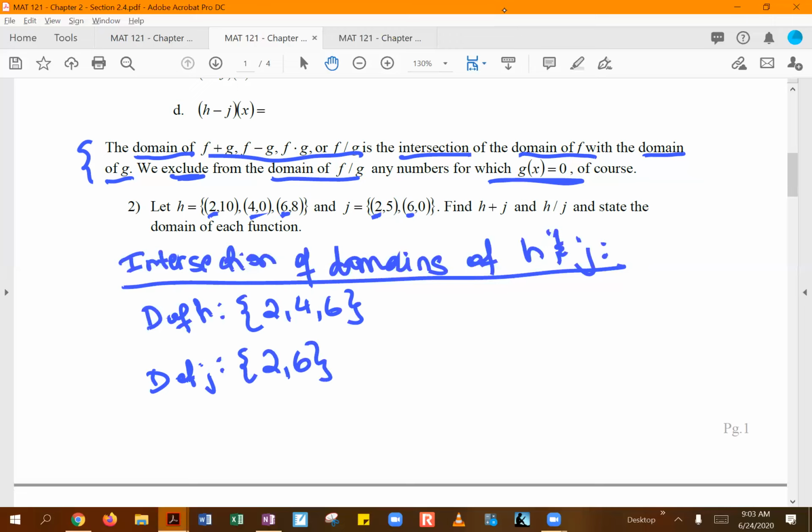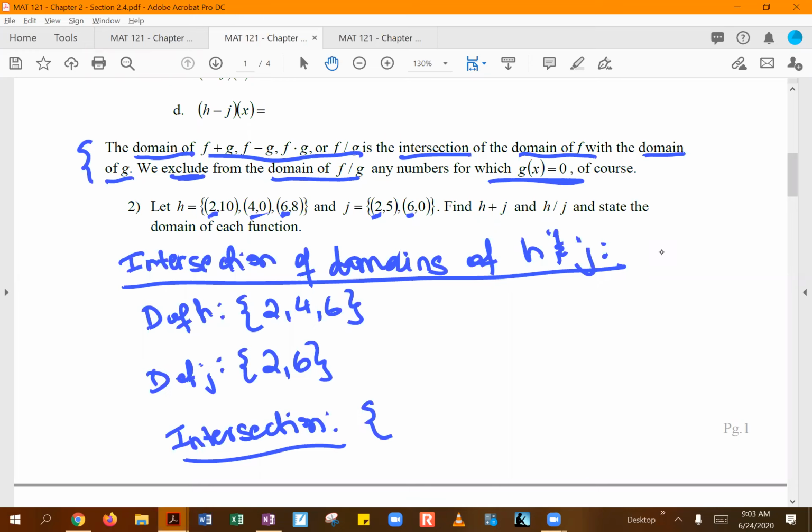So when we talk about the intersection, what do you think is going to fall in the intersection over here? And remember, we had talked about the intersection of sets in section 1.7 when we talked about interval notation and how to solve inequalities.